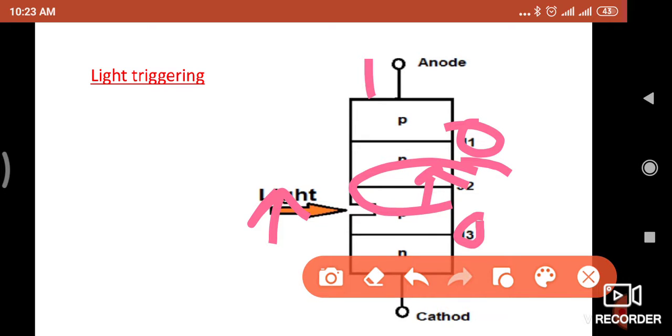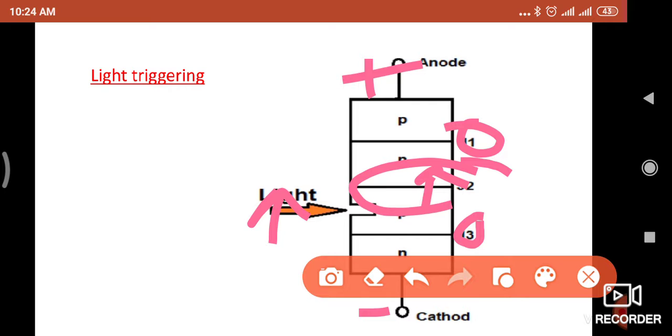Why? Because the anode is connected to positive and the cathode is connected to negative. So J1 and J3 are in forward bias. Here we only have to deal with junction J2.